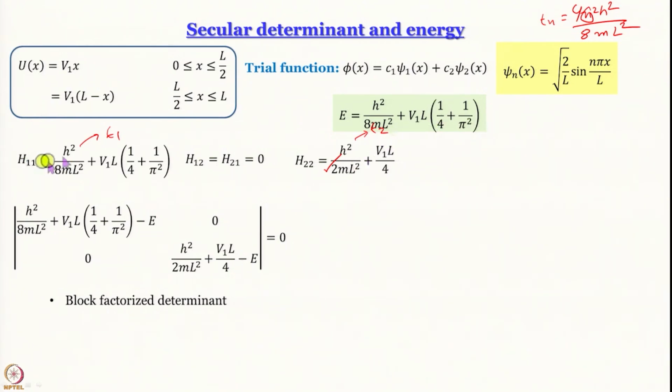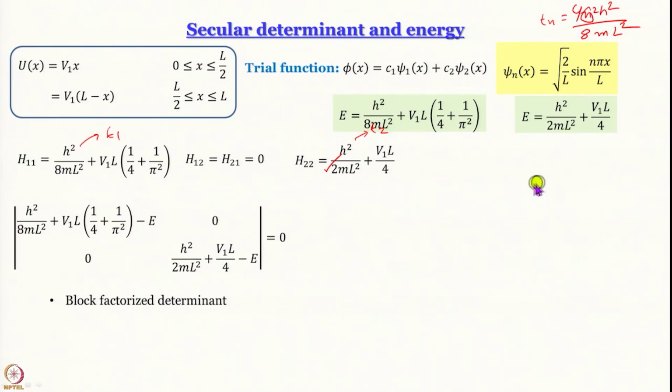So, this is really one of the roots for energy. One of the solutions is the energy for n equal to 1 plus a correction term. The second root you get by equating H22 to 0 is E equal to h square by 2 ml square plus V1L by 4.